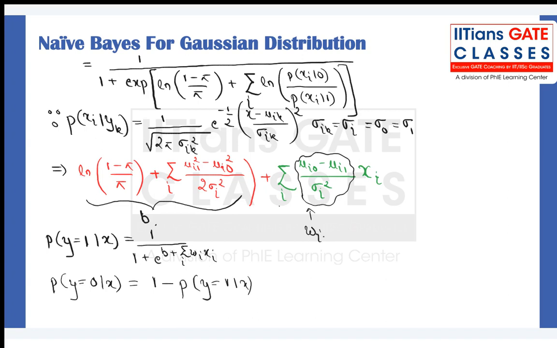So this one is nothing but e to the power b plus summation of i wi xi, divided by 1 plus e to the power b plus summation of i wi xi.